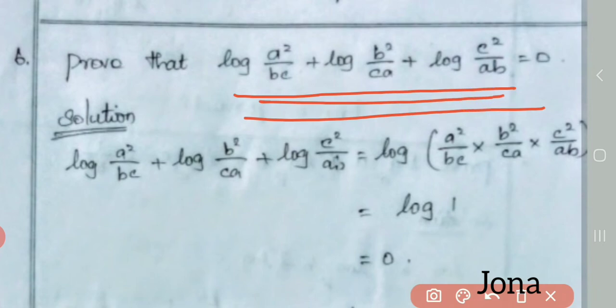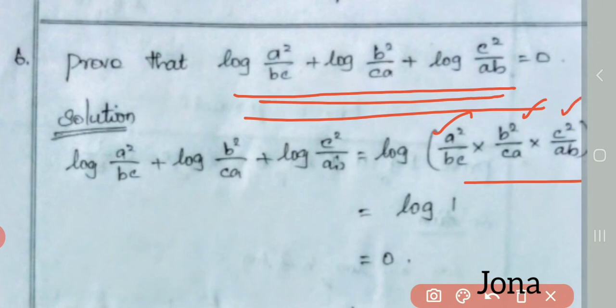If it is addition, we can write in the logarithmic form as multiplication, isn't it? So, we can write all the things into multiplication. So, the left hand side equal to log of a square by bc into b square by ca into c square by ab.